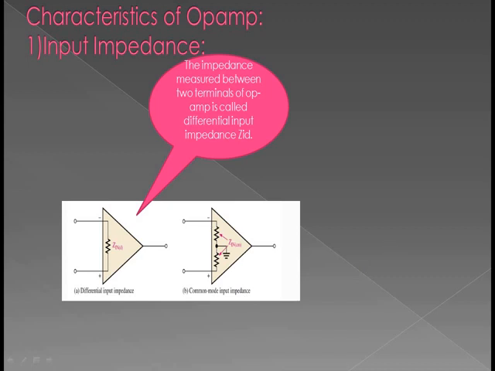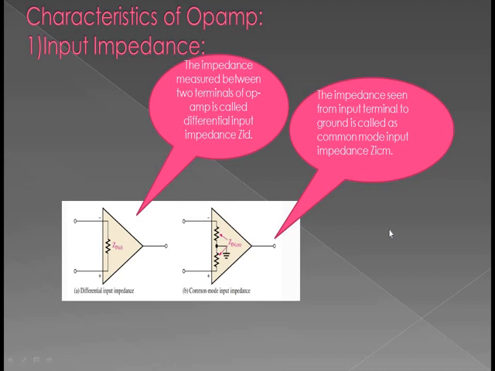So negative terminal impedance is this one and positive terminal impedance is this one. Common mode impedance is the impedance seen from input terminal to ground.